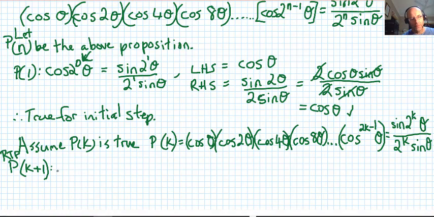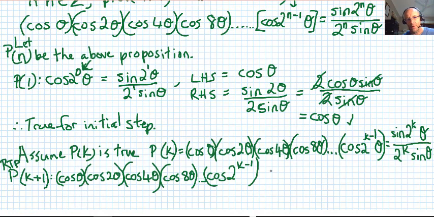And now we synthesize our P of k plus 1, very much the same thing. So up to there is what we had on the previous line, and the next term will be when n equals k plus 1, I should say. So put that extra term on, the inductive term.